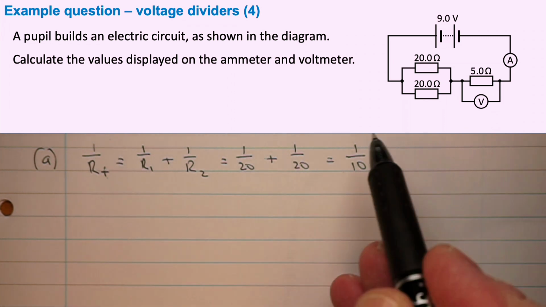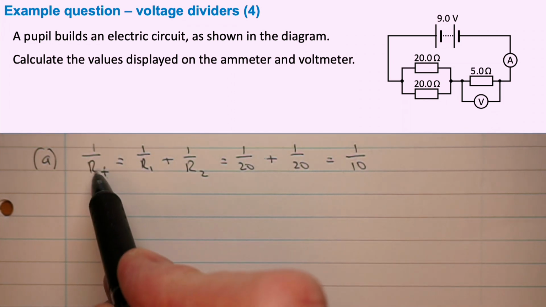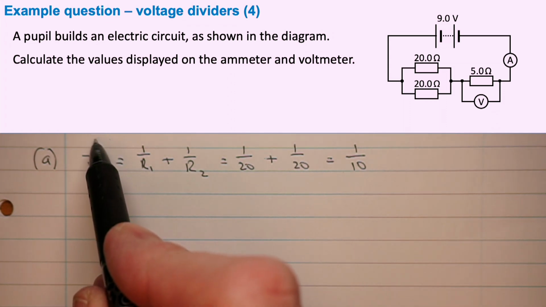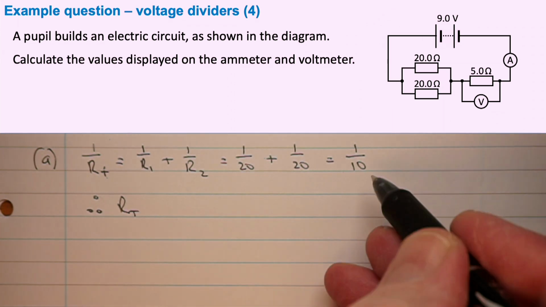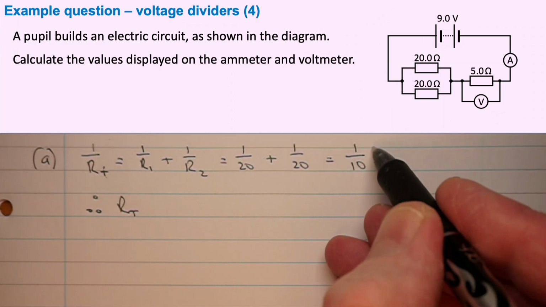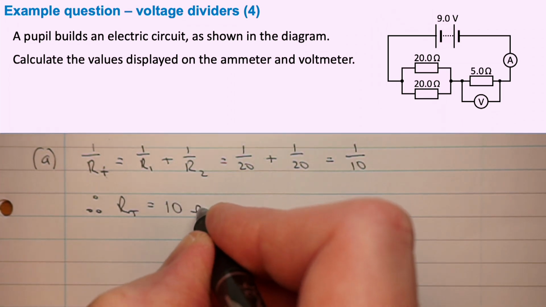So if 1 over RT is 1 over 10, I want to flip this side upside down. From 1 over RT, if I flip that upside down, it gives me RT over 1, which is just RT. I then flip this side upside down. So 1 over 10 flipped upside down goes to 10 over 1, which is just 10. There we have it.